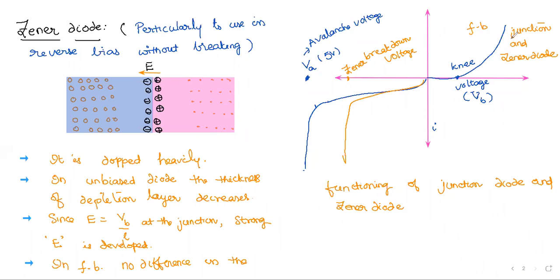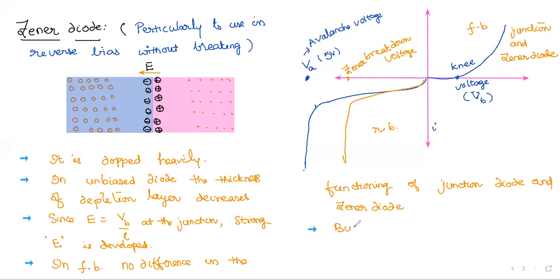Okay, in forward bias, I'm not finding out any difference, but I am finding out a lot of difference in reverse bias. Okay, this is in reverse bias. But in reverse bias, I write here. Okay.